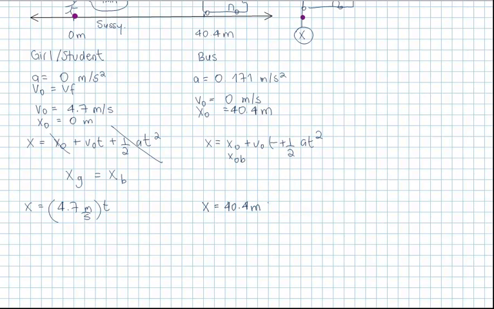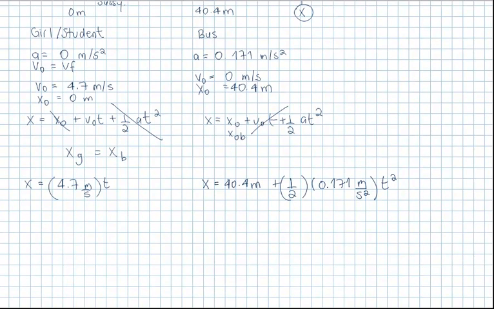The initial velocity is 0, so we don't care about that term. And it has an acceleration, so it's 1/2 times 0.171 meters per second squared times time squared. We make these equal to each other and solve for time.